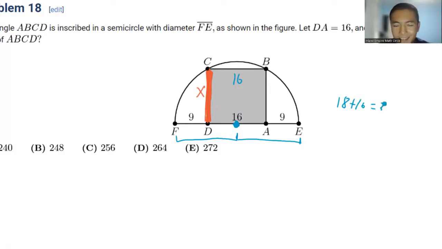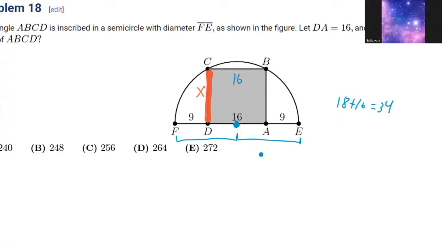Good. And then individually it would be 16 plus 9, which is 25. Well, Philip, actually 16 is the side length. Oh yes, it'd be 8 plus 9 then, which would be 17.